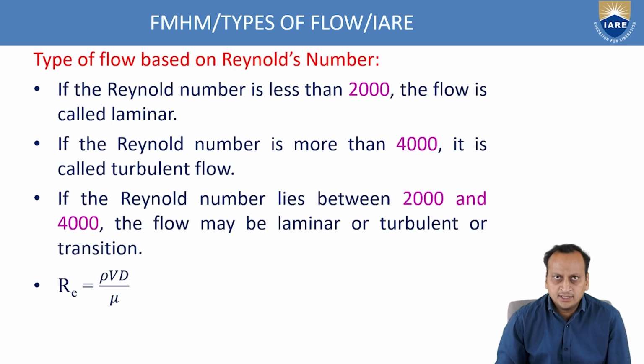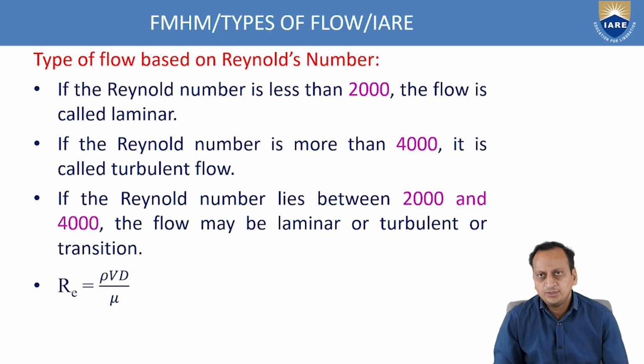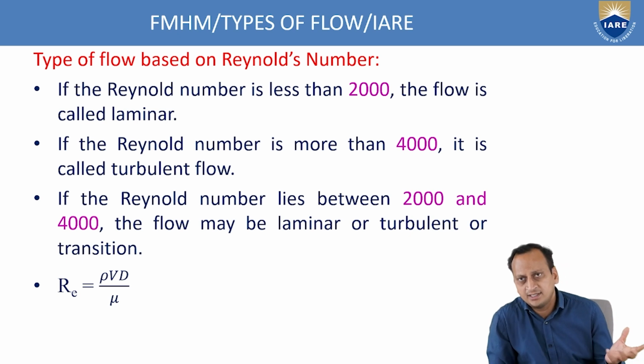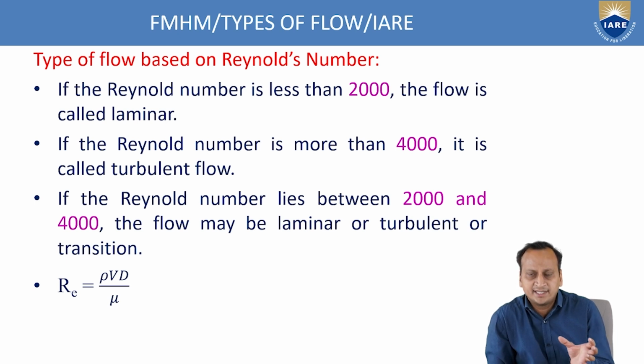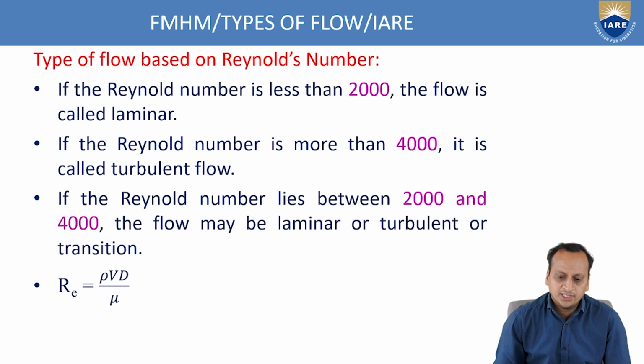Based on Reynolds number, the fluid flows can be classified. As we have discussed previously, laminar flow, turbulent flow, transition flow. As per the Reynolds number, the laminar flow will exist up to 2000 only.